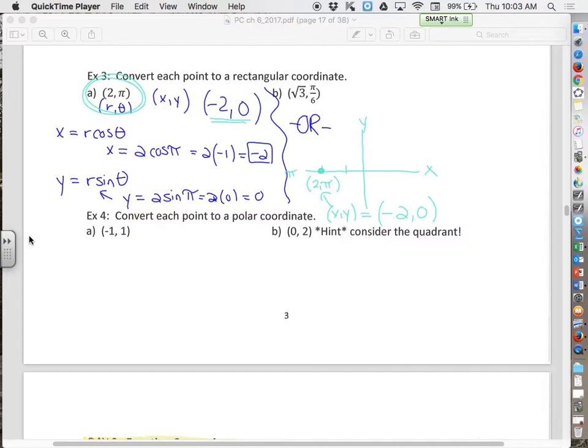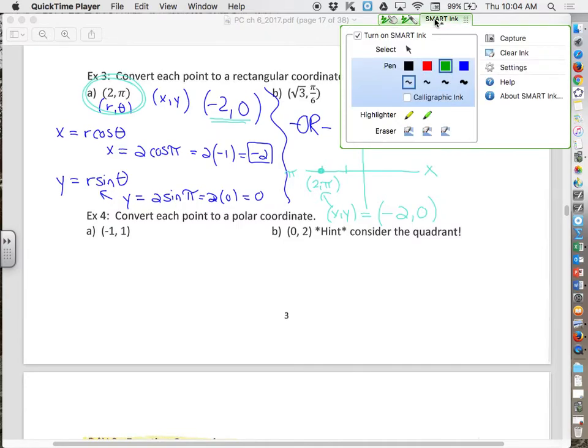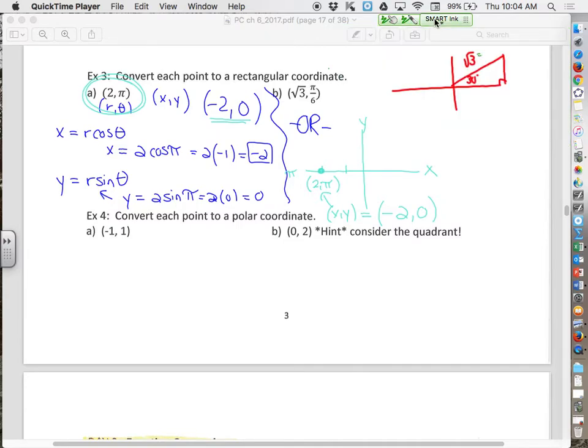All right, the √3 and the pi over 6. Using either method there, I'm going to do the graphing one first. Pi over 6, that's 30 degrees. My radius is the square root of 3. And so I need to come up with measurements for the other sides there. Well, this is a 30, 60, 90 triangle. And the hypotenuse, or the radius, is √3, which means the short leg is going to be half of that.